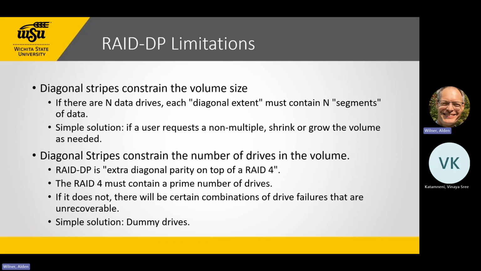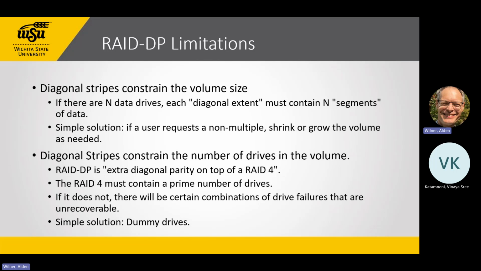Okay, so limitations of RAID diagonal parity. Your diagonal stripes constrain the volume size. If there are n data drives, every diagonal extent must contain n segments of the data, right? So if I have 6 data drives, how many segments do I have per diagonal stripe? 6. It is obvious, right?